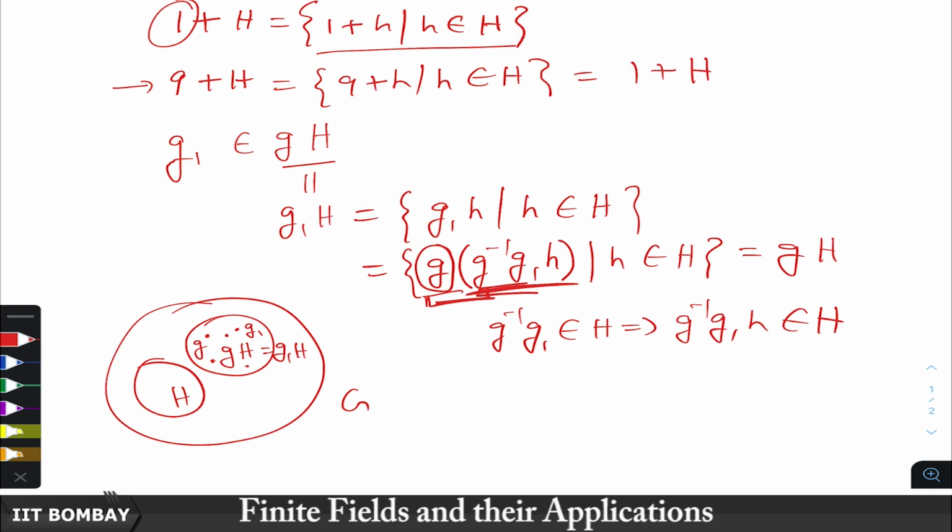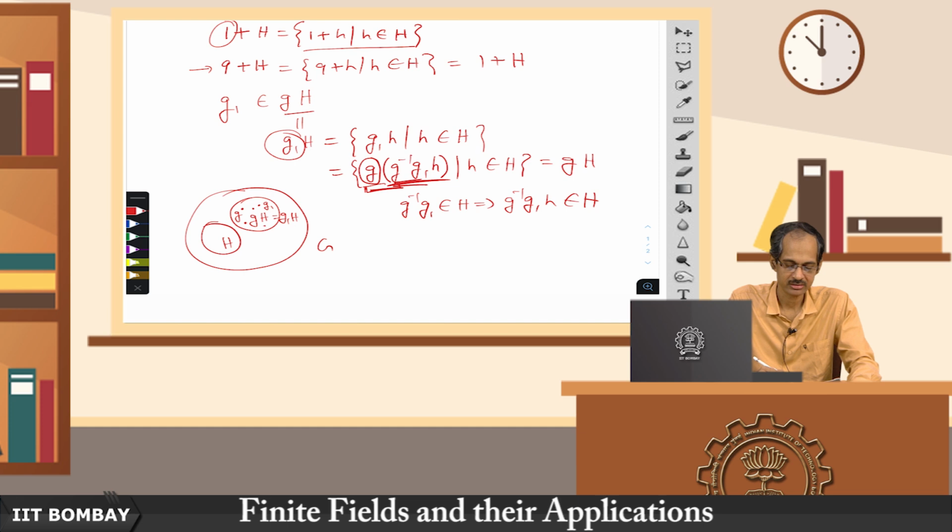This particular element that we are writing here is called the coset representative that we are taking to define this coset. Now, in the previous class we have seen that cosets are the equivalence classes under some equivalence relation, and so they partition the whole set.